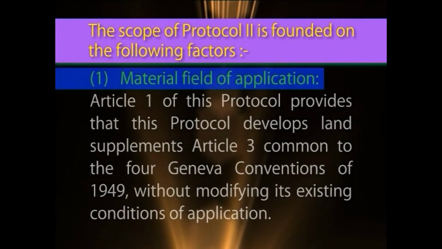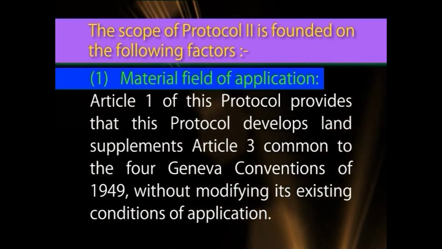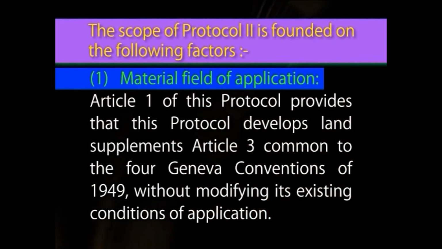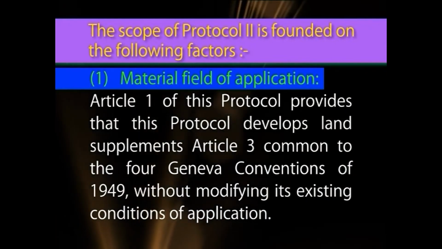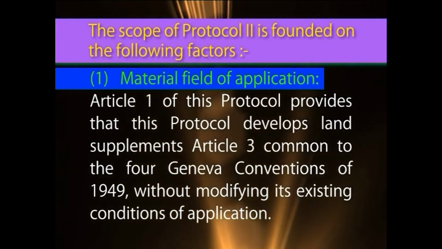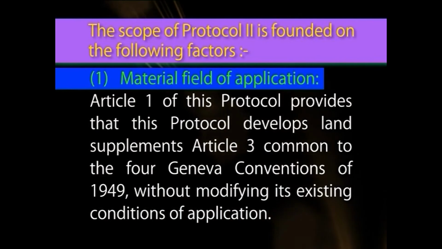The scope of this protocol is founded on the following factors. Number 1. Material field of application. Article 1 of this protocol provides that this protocol develops and supplements Article 3, common to the 4 Geneva Conventions of 1949, without modifying its existing conditions of application.